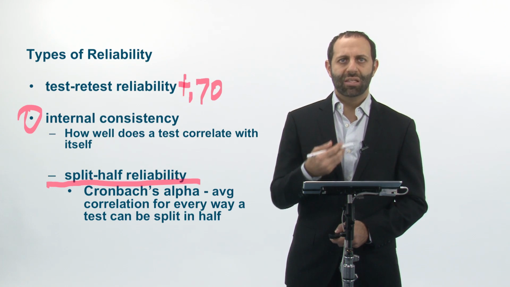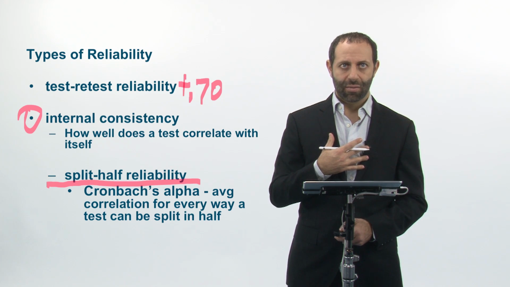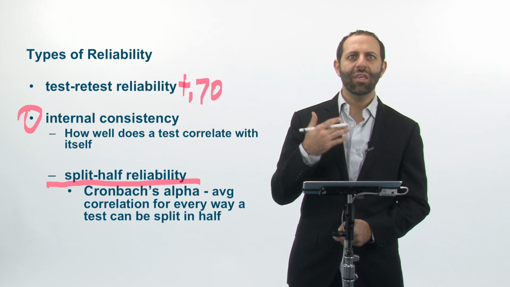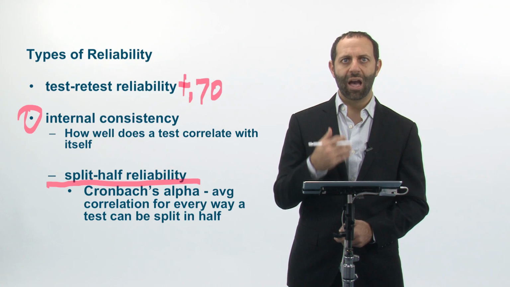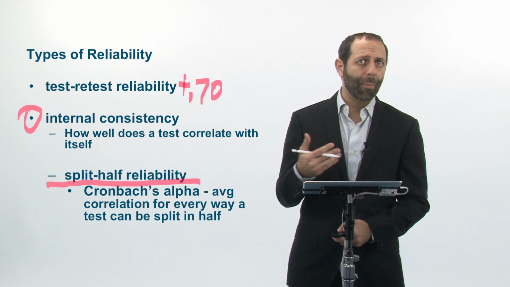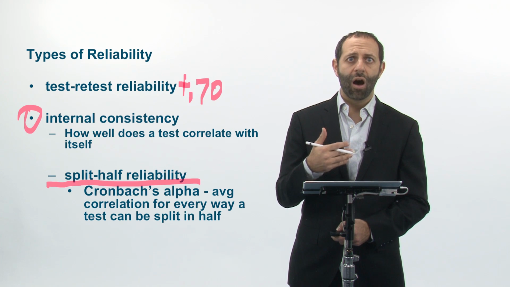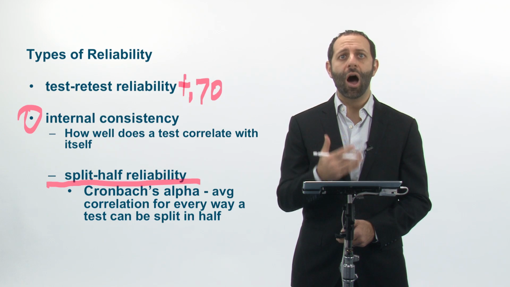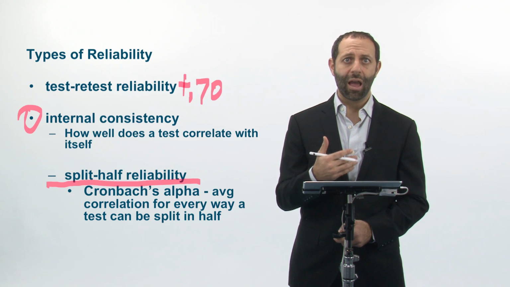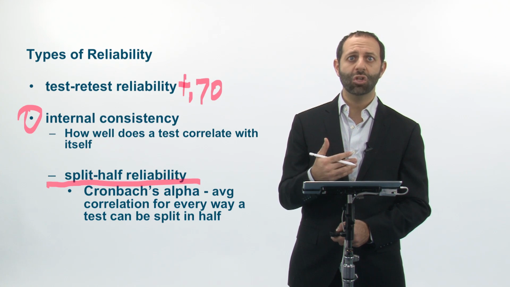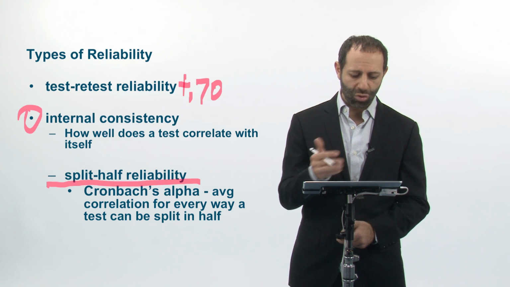So for each test taker, let's say I'm taking a test, a score is generated for, let's say, all of the even numbered test items in the test. And perhaps I simply total up all of the scores of the even numbered test items, as well as for the odd numbered items. And eventually I will produce a correlation coefficient across the two sets of scores.